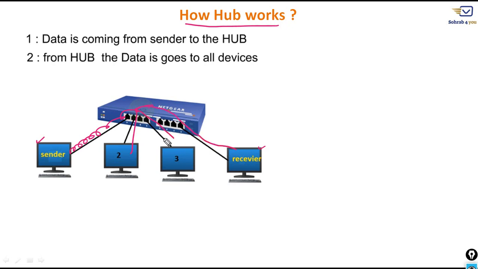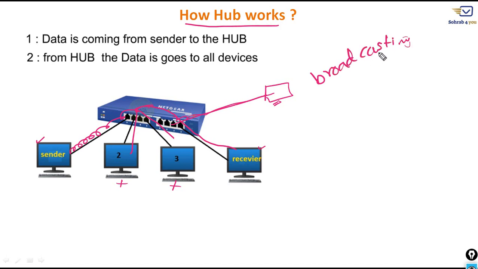Now you can see that only the receiver wants to get the data. But when it comes to the hub, it doesn't care. It is going to send it to everyone. Suppose this PC doesn't need it, and this PC also doesn't need it. But the hub doesn't mind whether you need it or not, it will send the data. Suppose another device is connected to this port, it also gets the data. So now you understand that the hub is broadcasting.